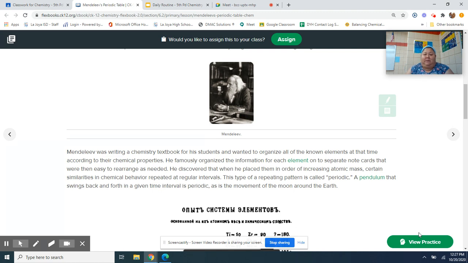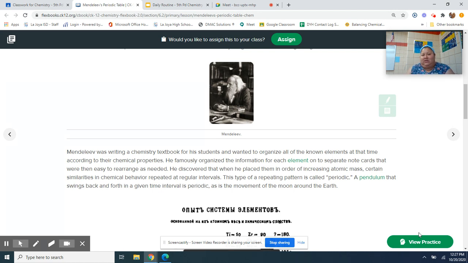So if you've ever seen a pendulum, does everybody know what a pendulum is? When you have a clock and you have that arm that's hanging and it goes back and forth and it rocks back and forth and it ticks, that's a pendulum. So if you're talking about the interval that a pendulum takes, it's also periodic because it will go a specific distance back and forth every second or every minute.